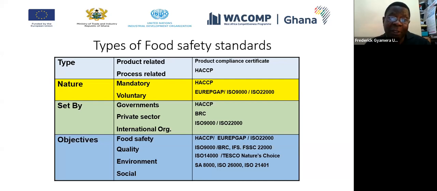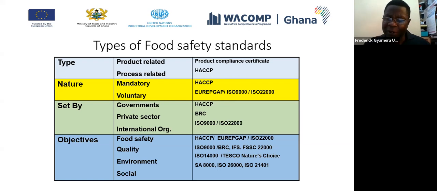You have a plush hotel in the center of Accra, and you do things without regard to the people who also reside in that place. Noise, wastewater, disposal, all over. So these are some of the things that we consider.